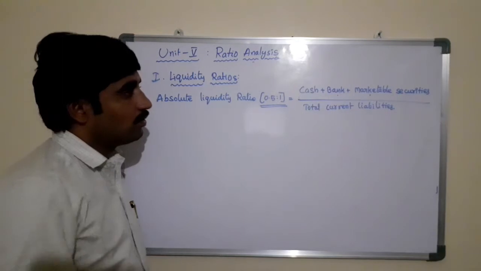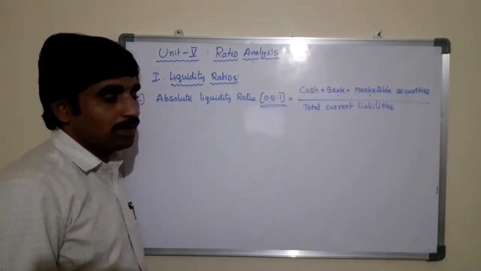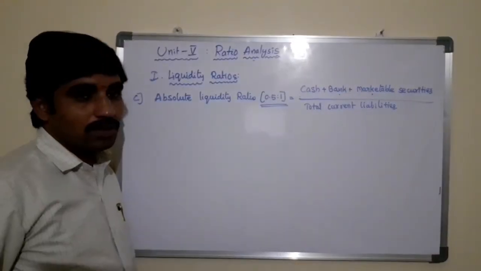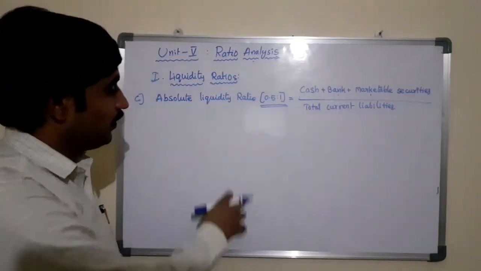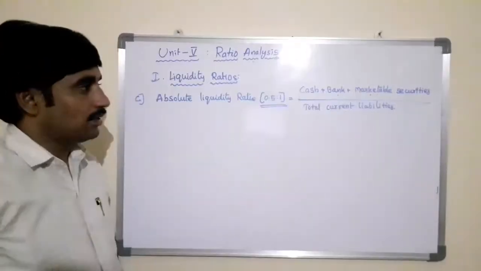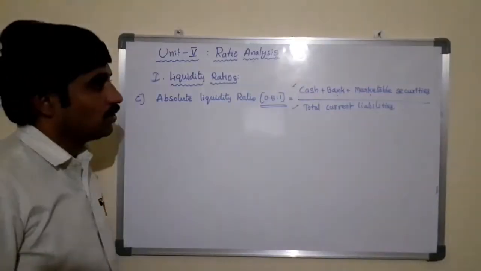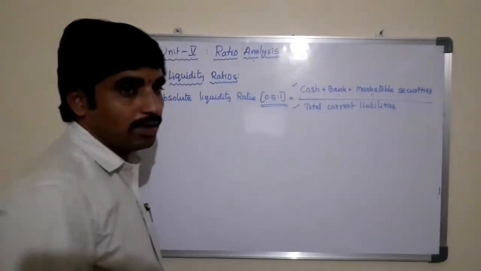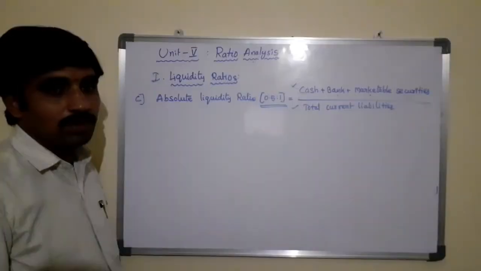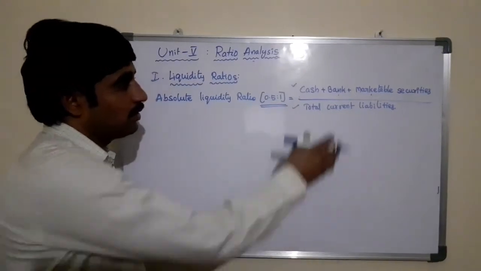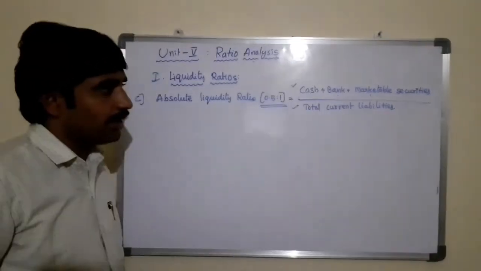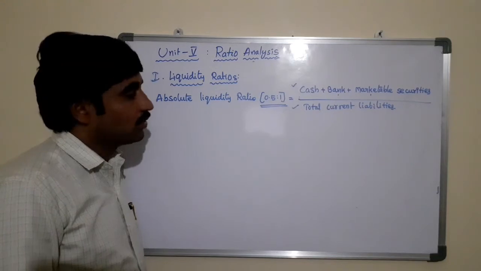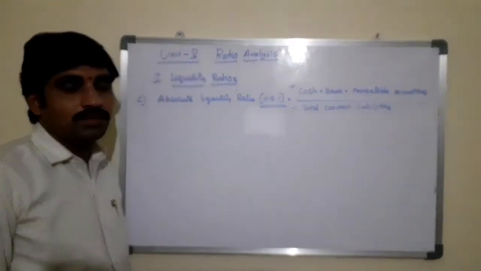At the time of interpreting the results, for every 1 rupee of current liability, there should be 0.5 rupees, that means 50 paise, of absolute liquid assets, that is cash, bank and marketable securities. At least we must have half of the total current liabilities in terms of cash, bank and marketable securities. So this is the absolute liquidity ratio.